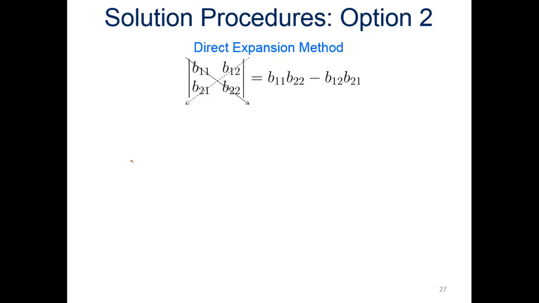All right, so option number 2 is we can do a direct expansion method. All right, so if we can see here, we've got B11, B22, the matrix for a 2 by 2, or the determinant for a 2 by 2. We've got B11, B22 shows up here, minus going the other direction. What we have there is we add solid arrows going down to the right, and we subtract dashed arrows down to the left.